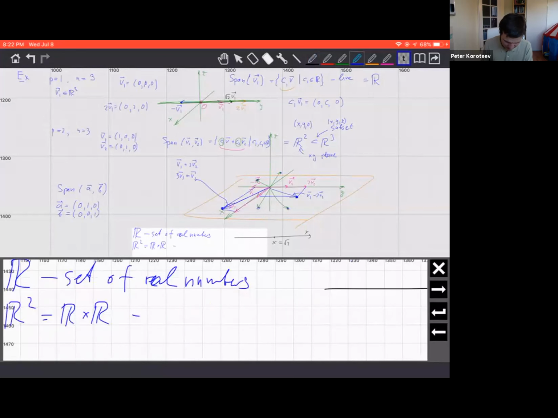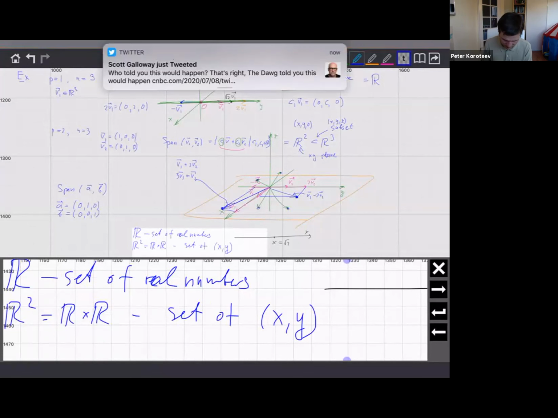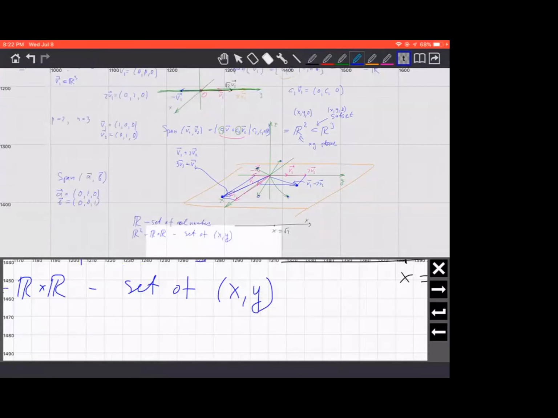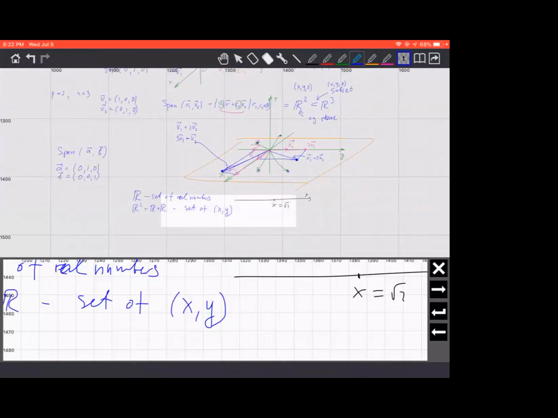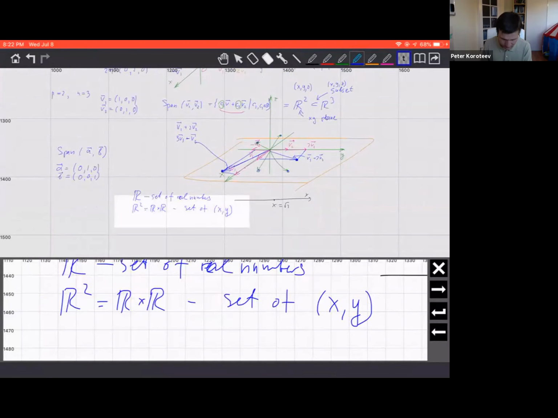It's a set of ordered couples x and y, such that both x and y are real.